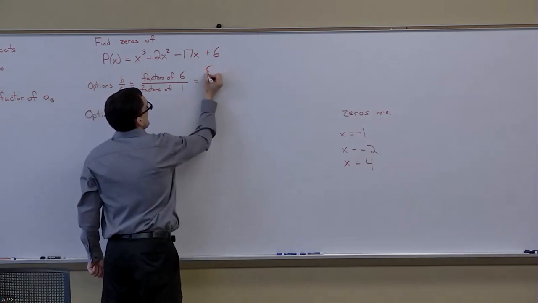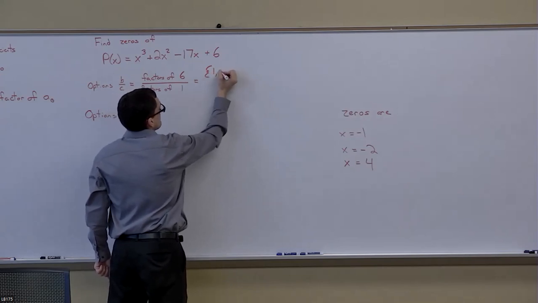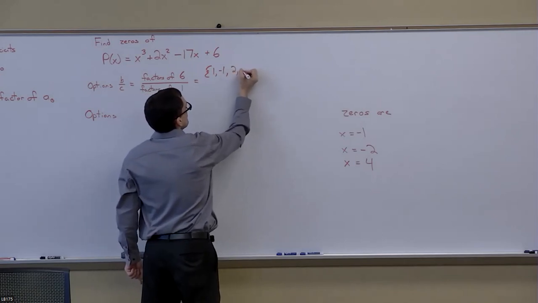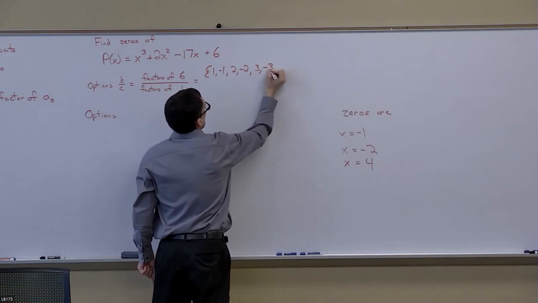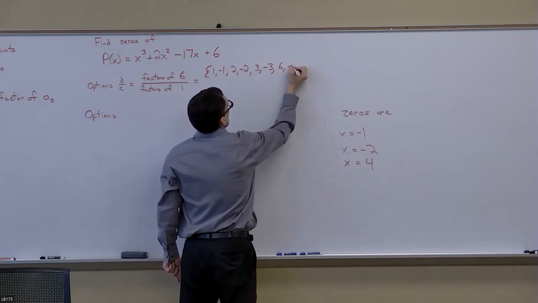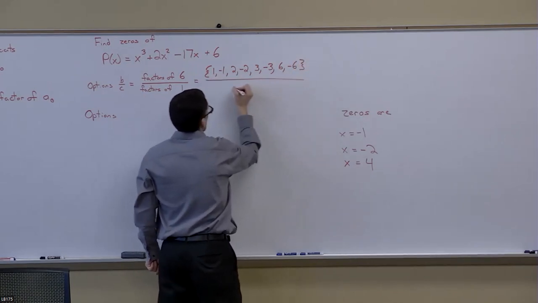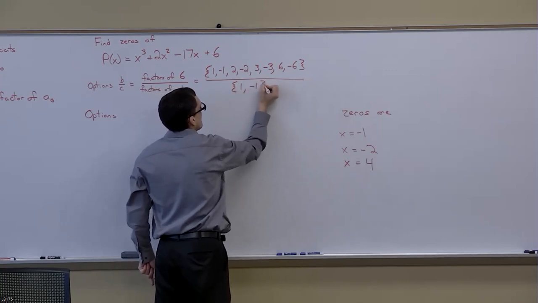I like to use the set notation for this, just to list out all the factors of 6: 1, -1, 2, -2, 3, -3, 6, -6. All the factors of 1 are 1 and -1.